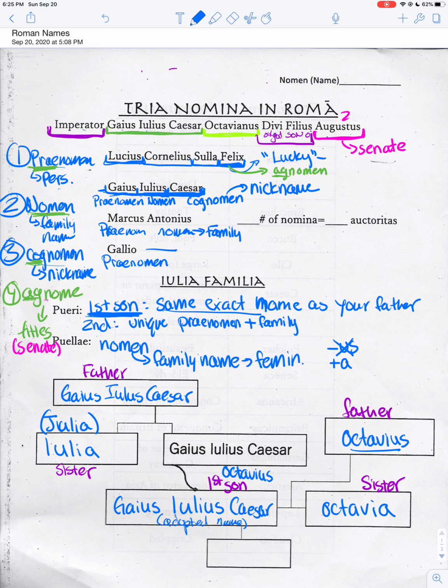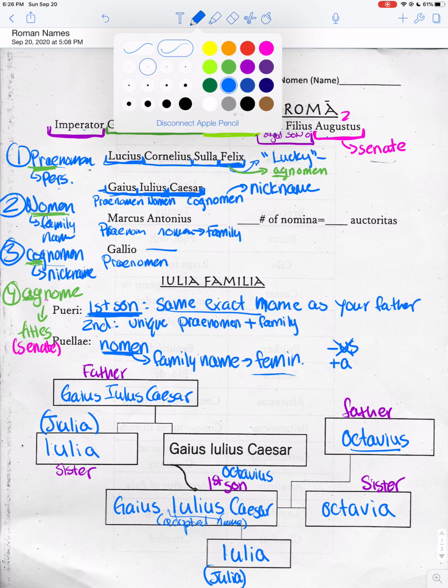So looking at his adopted name, because he uses his adopted name to name her, because he had her after he was adopted, what would be her name? So for girls, you go to the nomen, the family name, and make it feminine. So his family name is Julius, and then you have to make it feminine. So Julia. And this was his daughter.